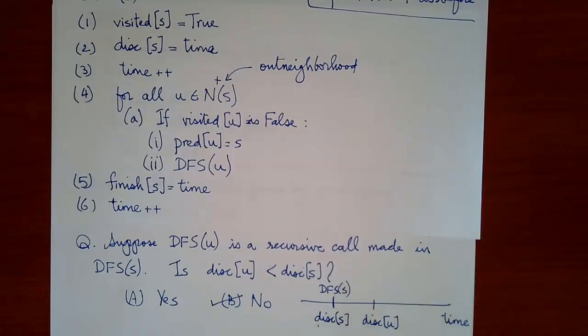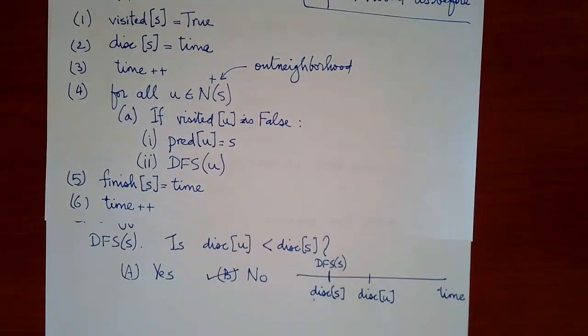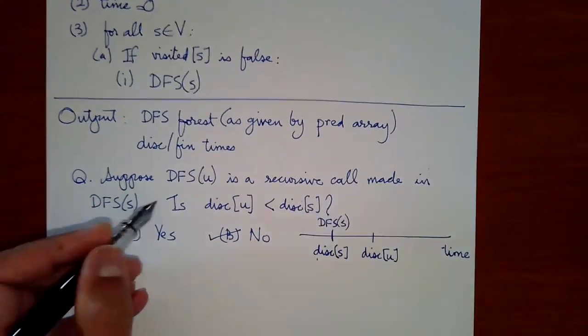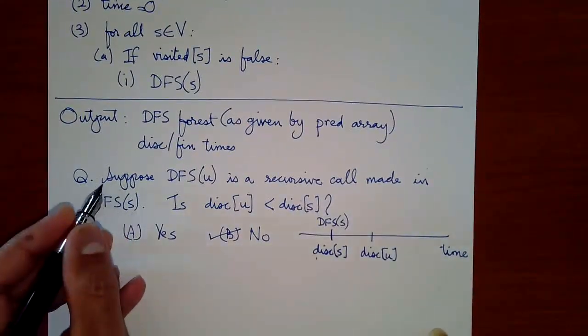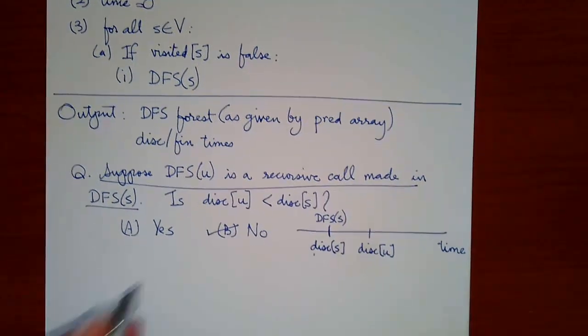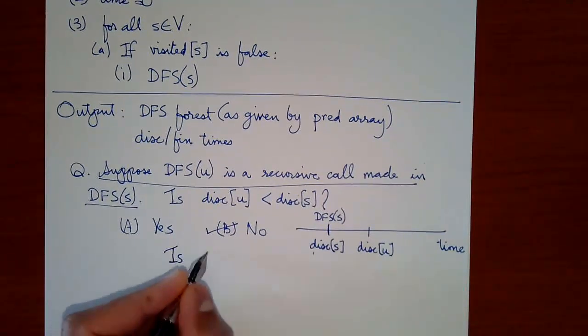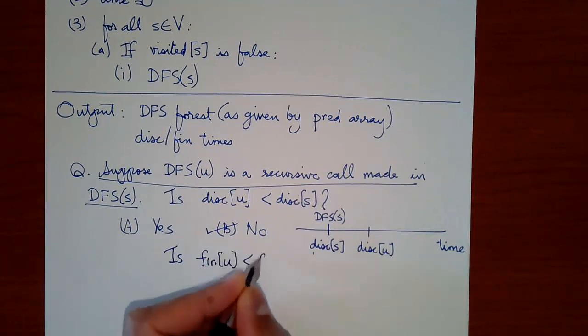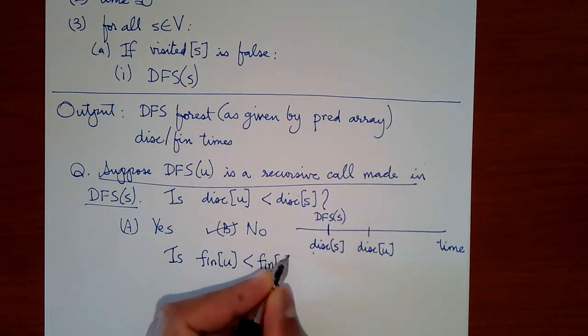Just to complete this, again, suppose the same setting. Suppose DFS U is a recursive call made in DFS S. Is the finish time of U less than the finish time of S?